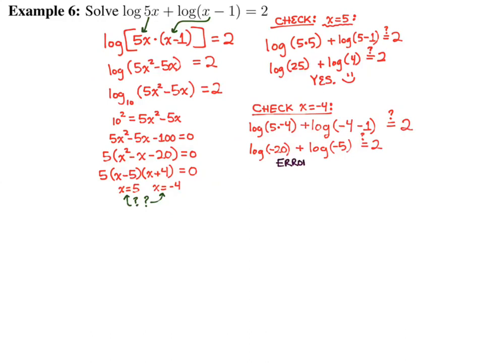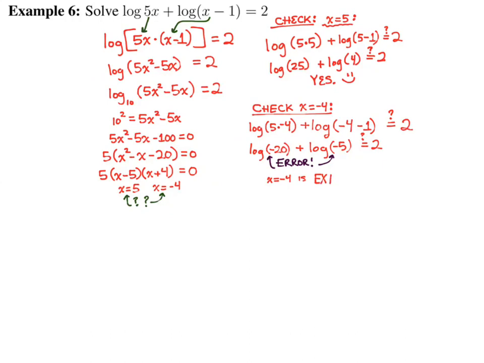In fact, if you try to put them into your calculator, you're not thinking, you're just doing, which is fine, and at times you do that. You're like, error, and you're like, oh, maybe I hit a button wrong, or hit the wrong minus negative button, and then, no, it still didn't work, and you're like, oh, that's right, I can't do logarithms of negative numbers. Okay, so it didn't work. Okay, so x equals -4 is extraneous.